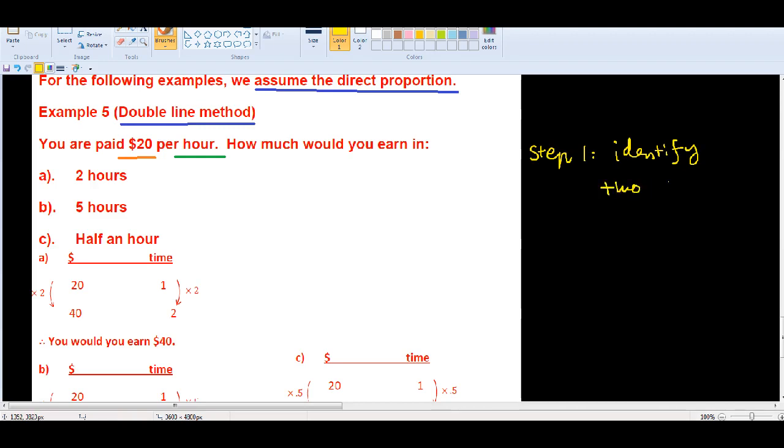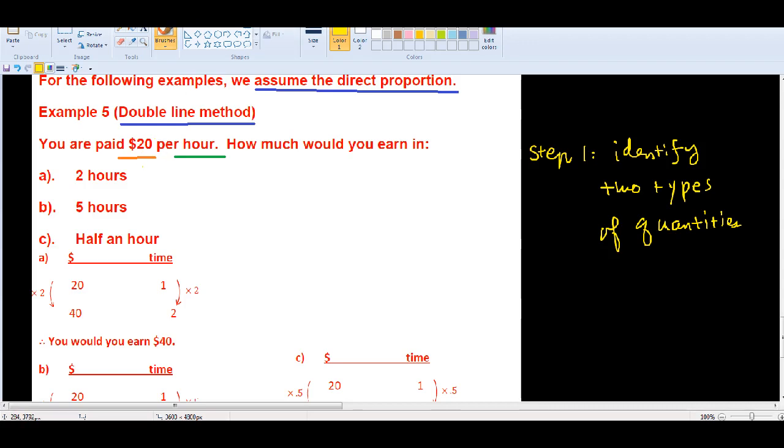two types of quantities. In this case, you need to interpret that.